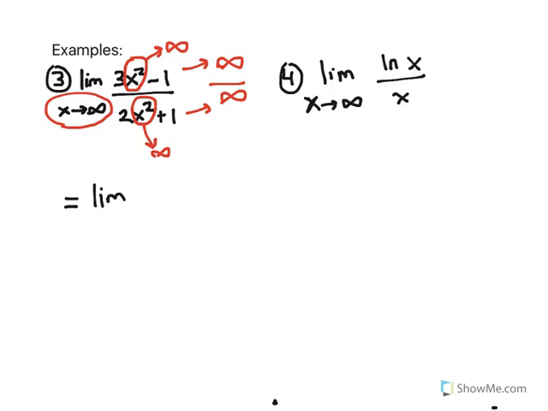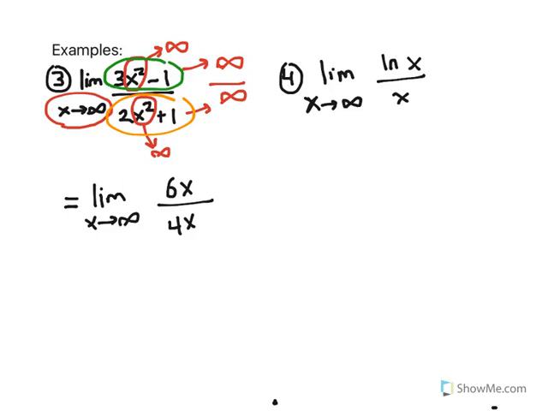So we're going to take the limit as x approaches infinity of the derivative of the function in the numerator. So that's going to be 6x over the derivative of the function in the denominator. That's going to be 4x.